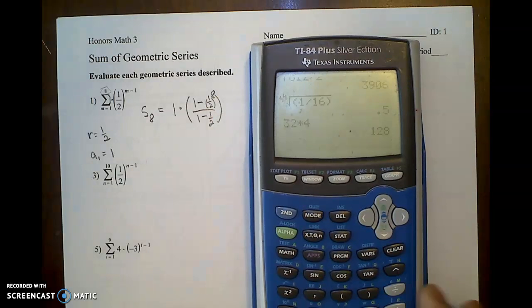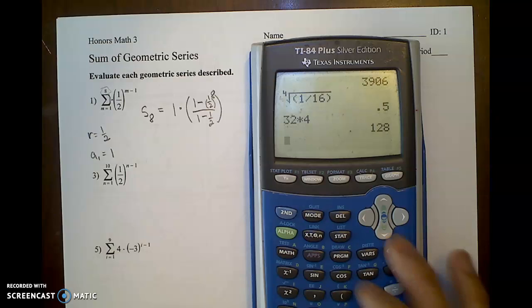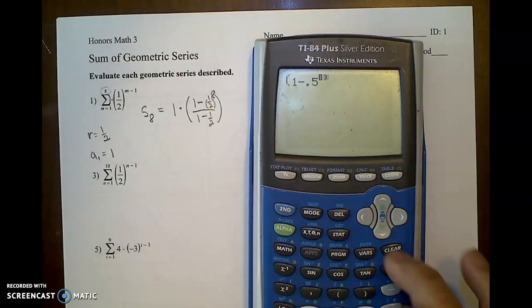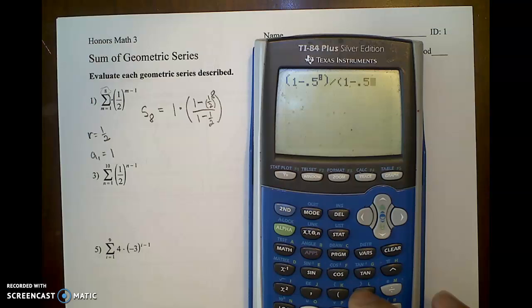We're going to plug that into our calculator. Let's do parentheses, 1 minus the common ratio of 0.5 put to the 8th power, divided by 1 minus the common ratio.